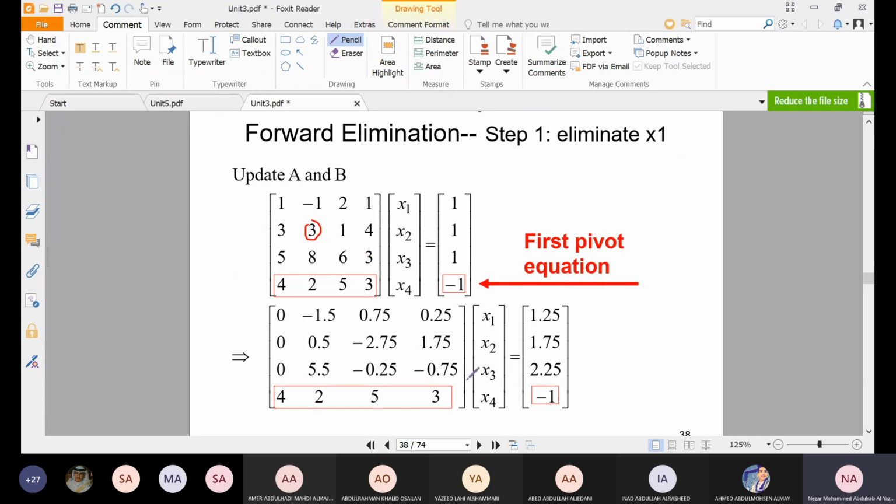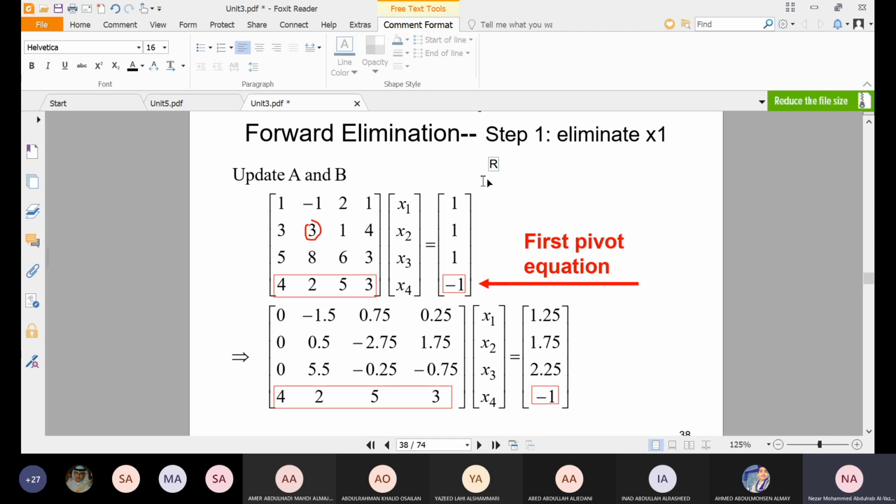So here, guys, we use this pivot equation to do these eliminations. If we use this one, this row is the pivot, so that means I multiply, for example, to eliminate this coefficient, I will take a ratio to eliminate the coefficient in row number 1. Let's do row number 1 first.